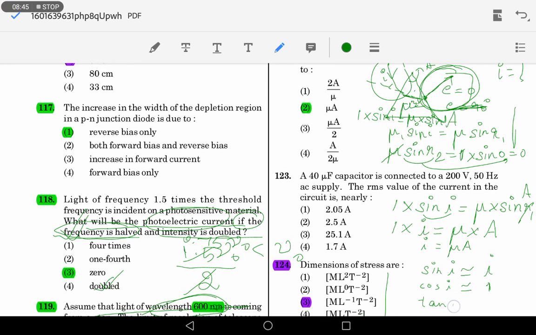For tan I, when the value is too low, it's going to be I again. Only for cos it's going to be 1. Thank you friends.